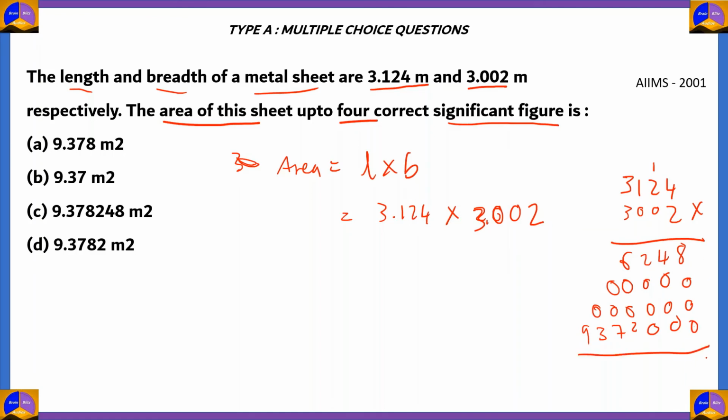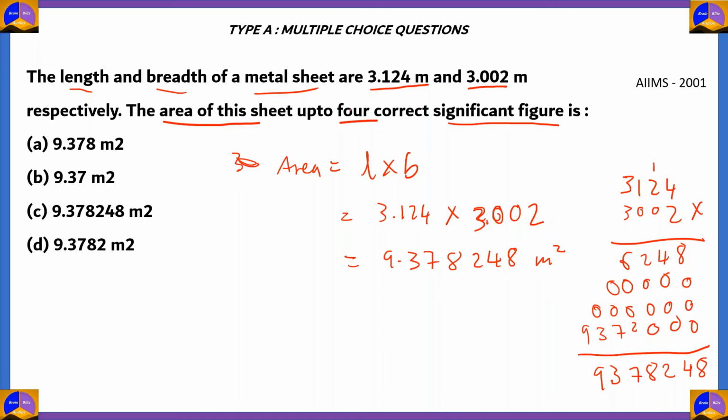On adding, we'll get 8, 4, 2, 8, 7, 3, 9. And on putting the decimals, we'll get 9.378248 meters square. So that is the total area.